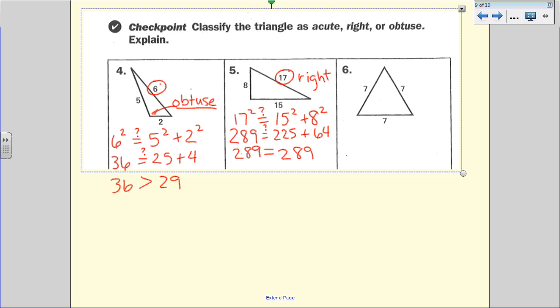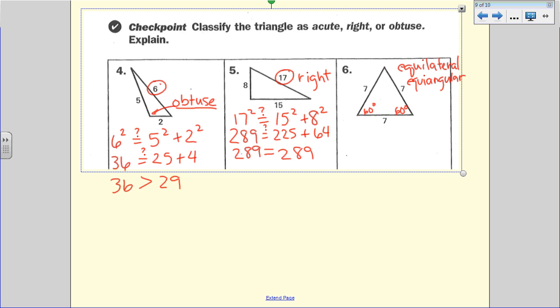Now I want to talk to you about number 6. And number 6, I want you to use a little bit of logic. This is an equilateral triangle. And equilateral means it is equiangular. And we were doing some work yesterday in class with our worksheet, and what we saw is that equiangular triangles are all 60-degree angles.